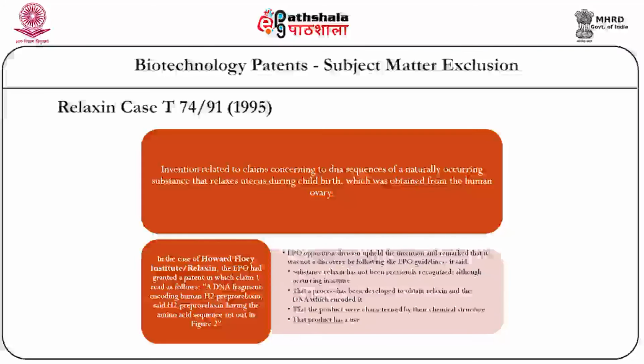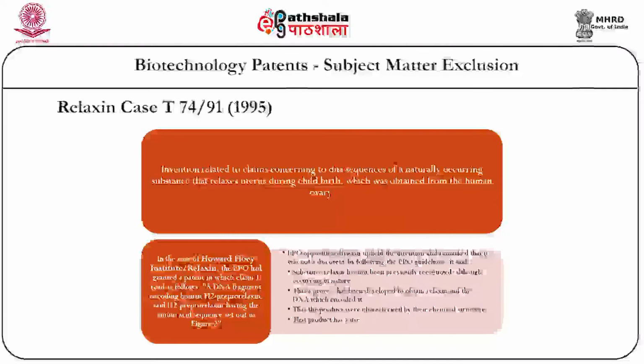The EPO granted a patent in which claim 1 of the particular patent application read as follows: a DNA fragment encoding human H2 preprorelaxin, having the amino acid sequence set out in a particular figure appended with the patent application.